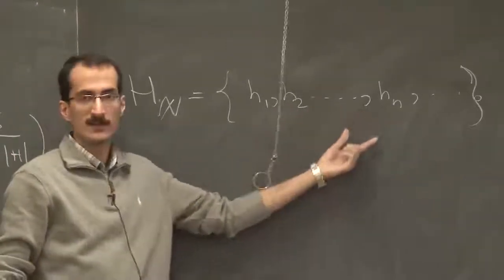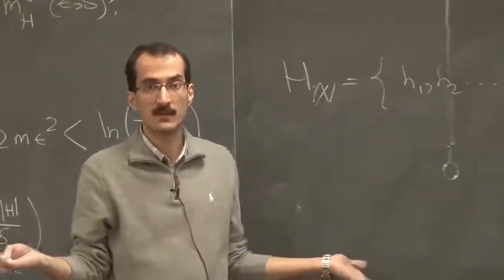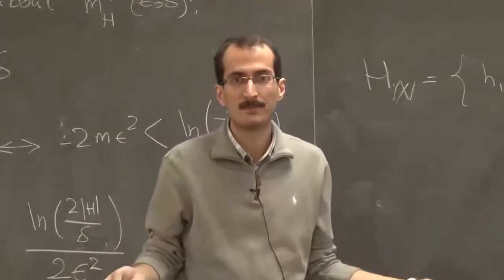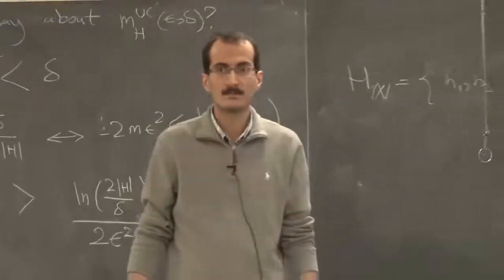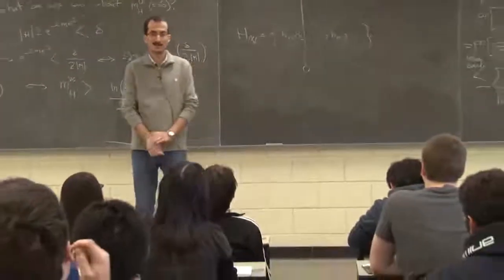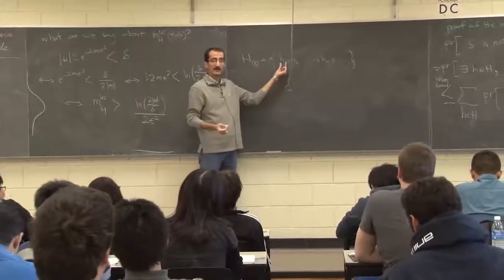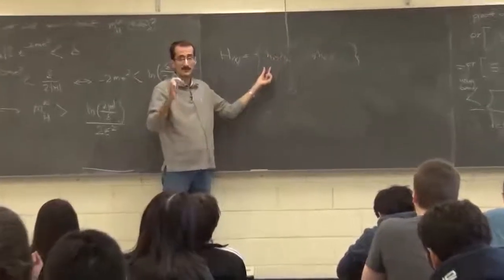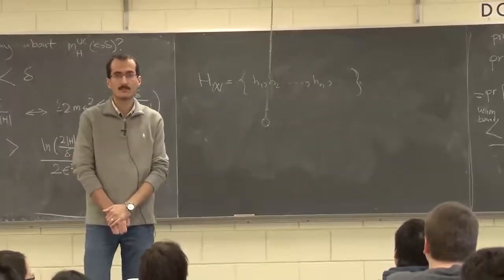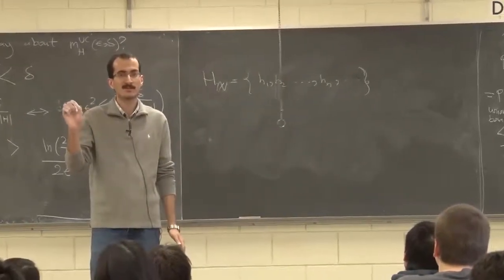This one, this one, this one. But when I have infinitely many of them, the bound will be useless because it will be multiplied by an infinite number. So you want to make sure that H1 is less than epsilon, H2 is less than epsilon over 2, H3 is less than epsilon over 8, and so on. So the last one will require infinity.